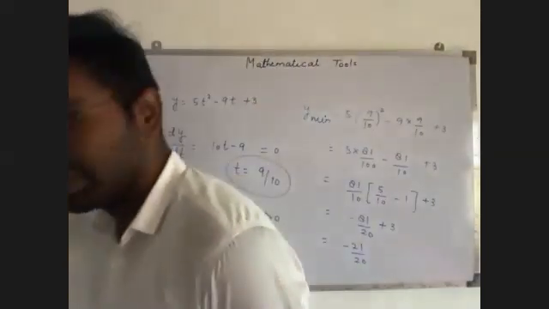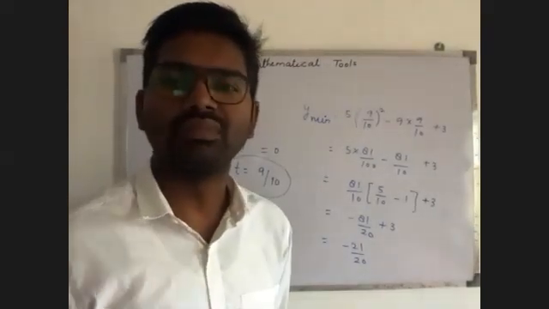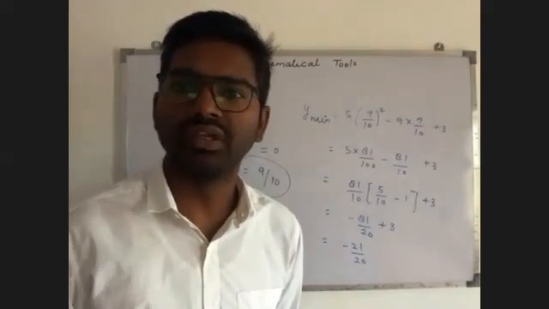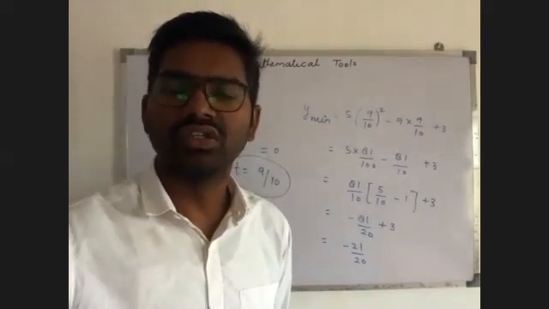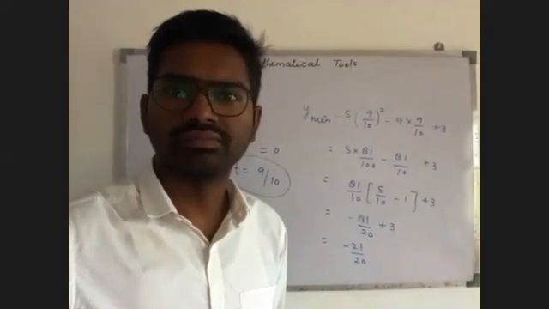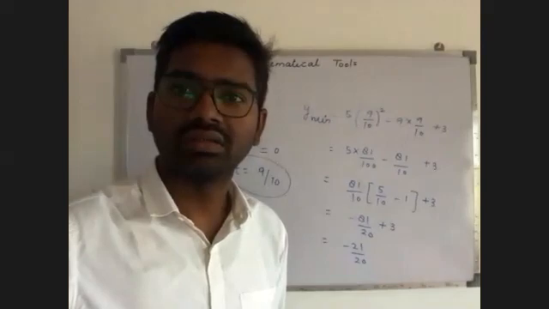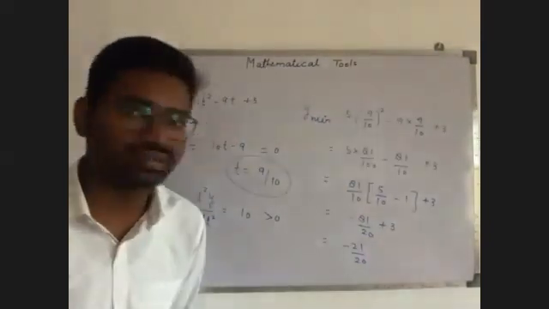Can you let me know? Wait, guys, wait. I'm going to clarify your doubt about what happens if the double differentiation has values. Just wait for a second. Satvik, can you let me know which part is wrong in this solution?